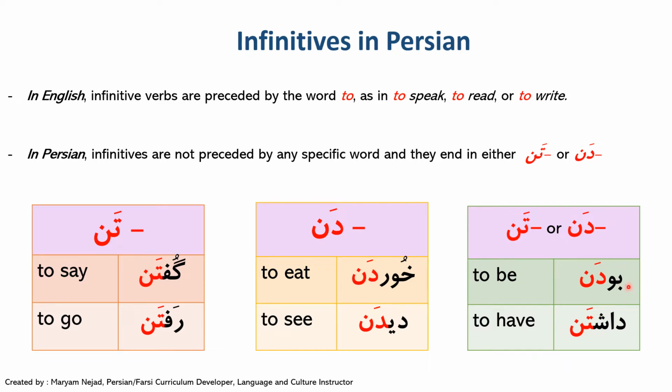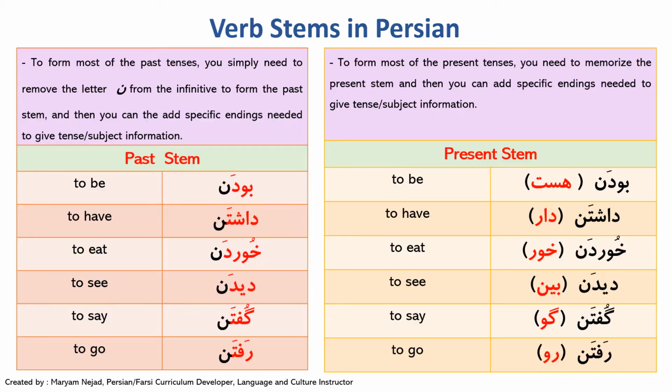So we have already learned budan and dashtan in previous lessons, but here more examples. So khordan, didan. These two verbs end in the ending dan, and then goftan and raftan. These two verbs end in the ending tan. So all the verbs in Persian in their infinitive form, remember, end either in dan or tan.